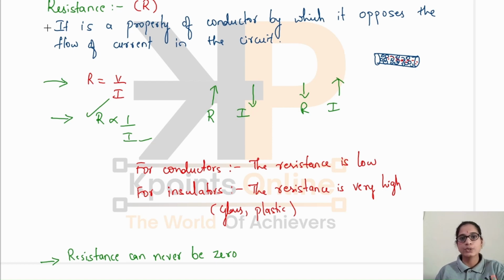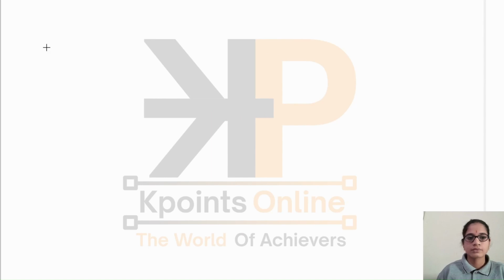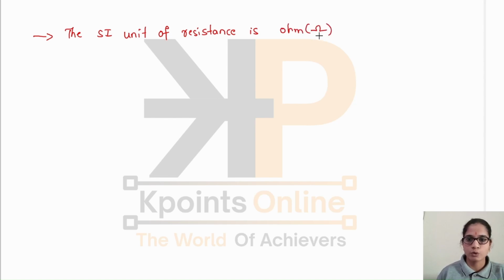Now, what is the SI unit of this resistance? The SI unit of resistance is ohm, and it is represented by this symbol. Now, how do you define 1 ohm?